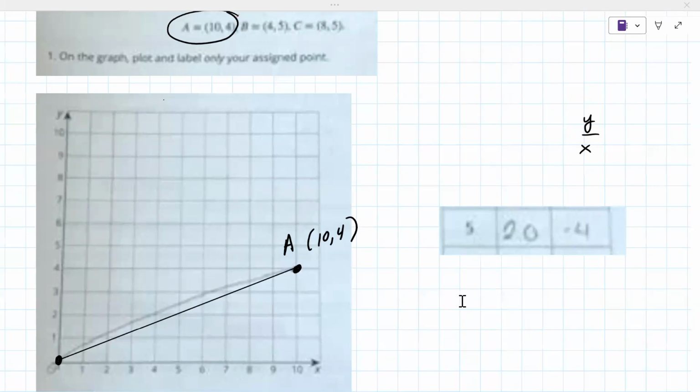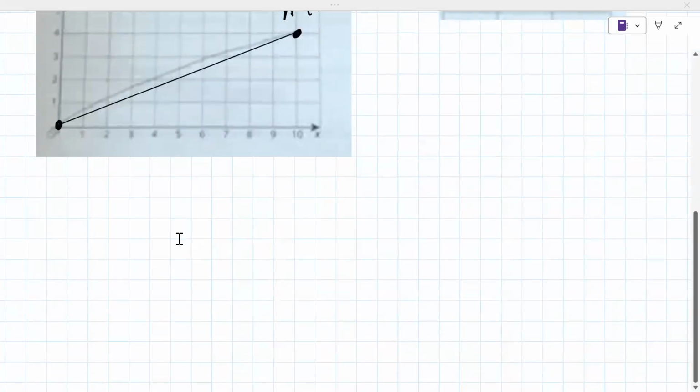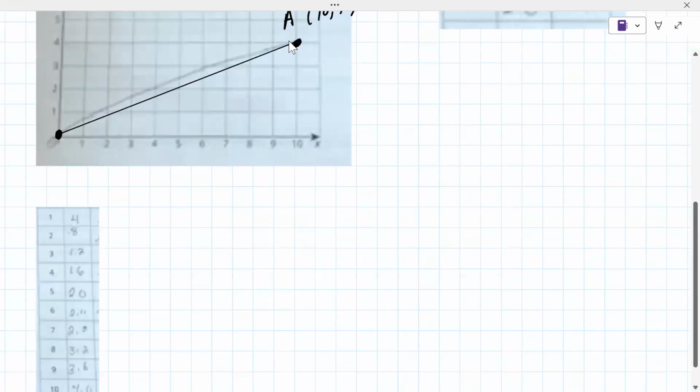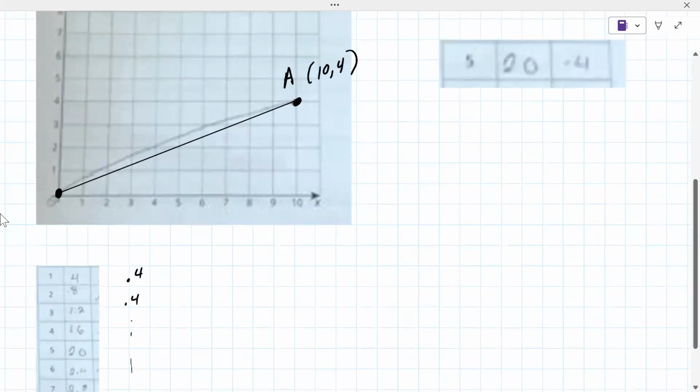I guess that's what you were trying to keep intact. It looks like even though your graph didn't match up with this, you were trying to maintain this 0.4 ratio each time, and you did. So I guess they're okay. And then your equation is fine as well there at the bottom. So you actually did this correct. Other than I'd like to see a little better graph, but you're okay on there.